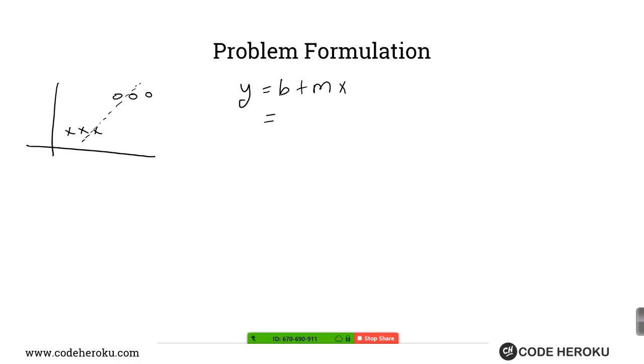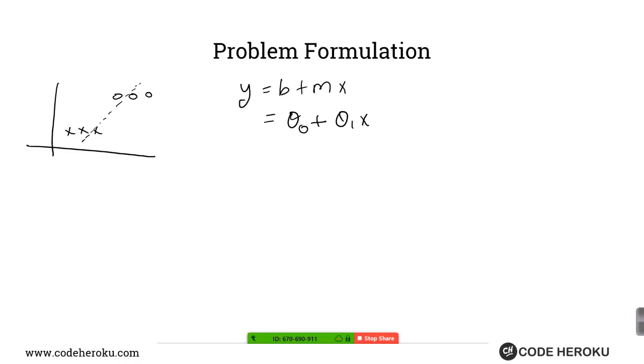Instead of y equals b plus mx, what you would see mostly in the machine learning world is a parameter vector. So rather than b plus mx, we write theta 0 plus theta 1 times x. The b is the same constant, and the m is the theta 1 over here.